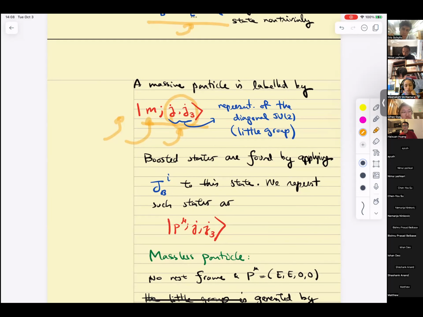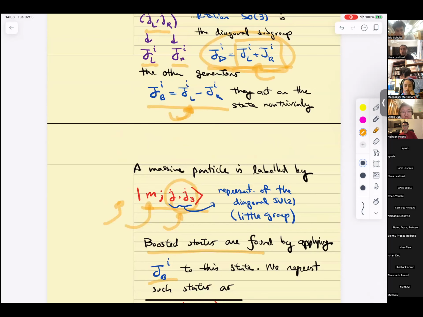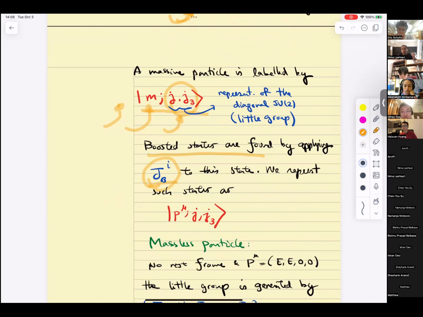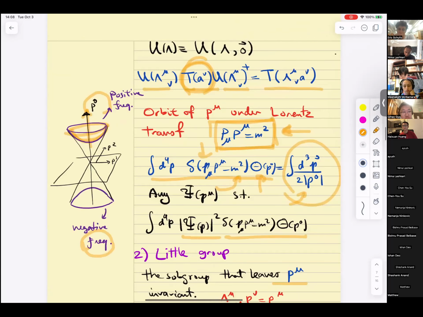Now boosted states are found by applying these boost transformations, the other part of these Lorentz transformations. And this is the guy that pushes you along this, moves you around this.